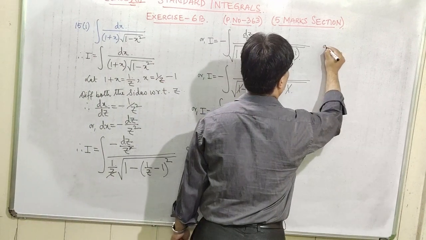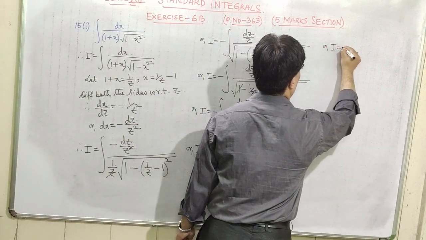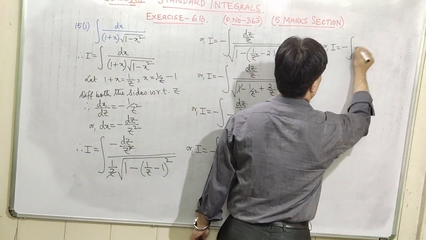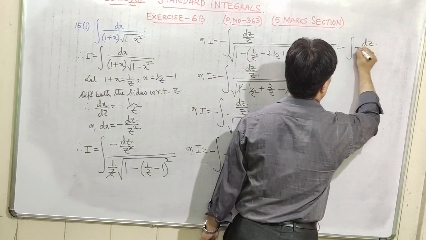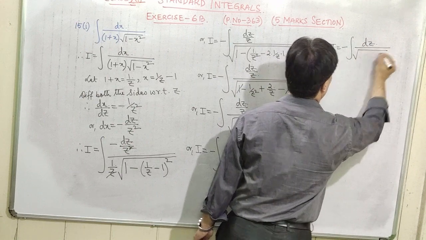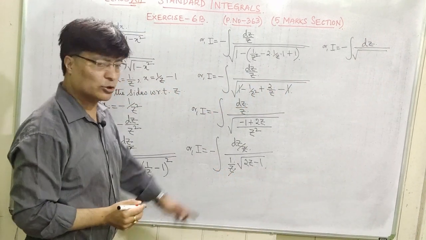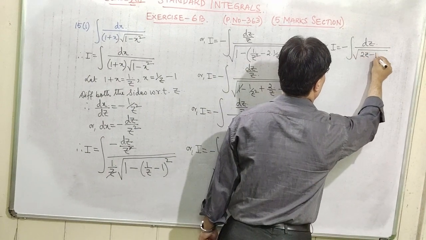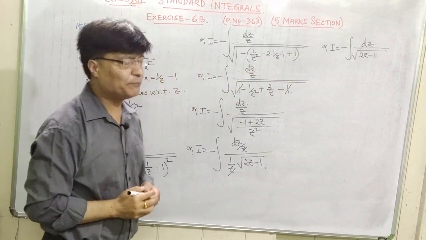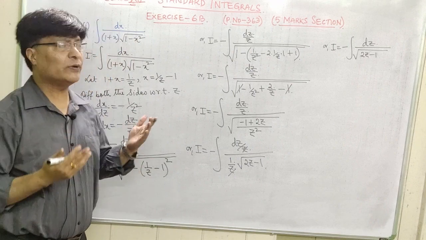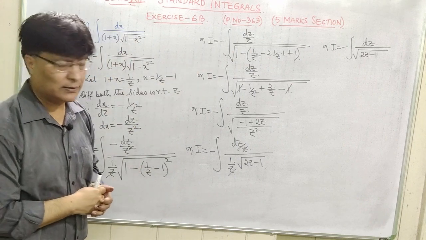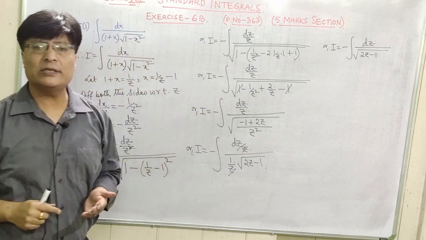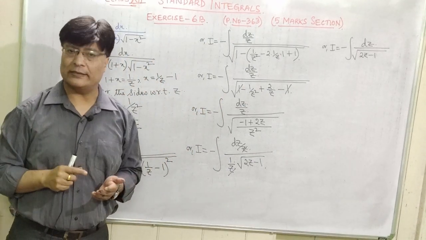So I is equal to minus integral dz upon root over 2z minus 1. So now you have to evaluate that integral, that is minus integral dz upon within square root 2z minus 1.